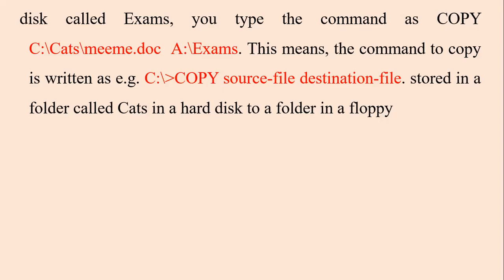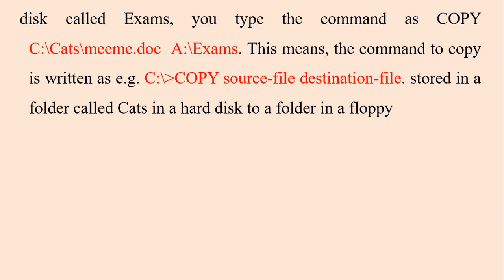Copy space, the full path for the file that you want to copy, that is C:\cats\meme.doc space, then the destination where you want the copied file to be taken, that is A:\exams.